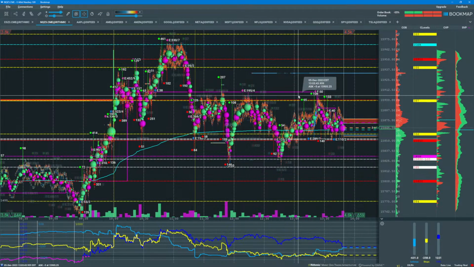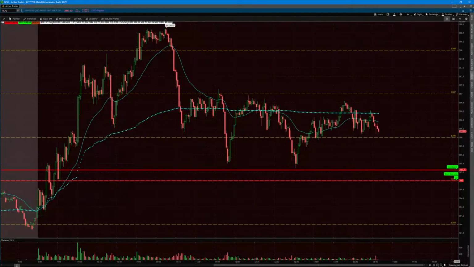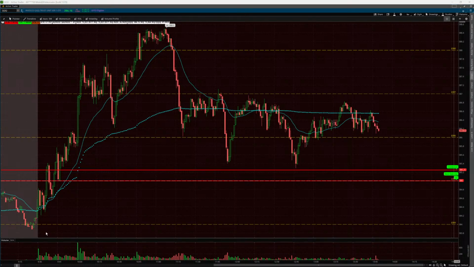All right, so this is the NQ futures and Bookmap. Before I take a closer look at this chart, I want to isolate, first of all, QQQ levels. So this is a 1-day, 1-minute chart in QQQ. This is showing the 384 level acting as support this morning.